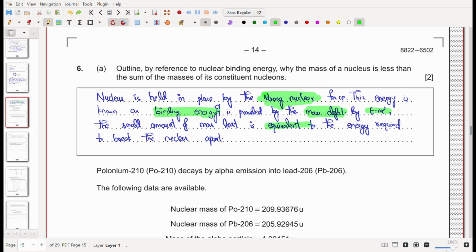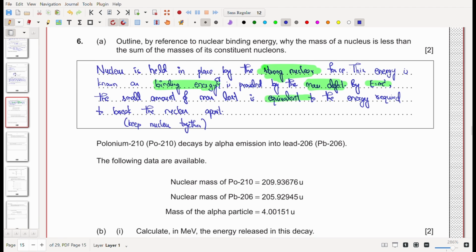And you could also say this is equivalent to the energy required to keep the nucleus together. But of course, it doesn't really matter because the amount of energy required to break it apart is the same as the amount that's required to hold it together. And that's about it. It's a 2-mark question. Make sure you get your key terms and points in, and that's about it.